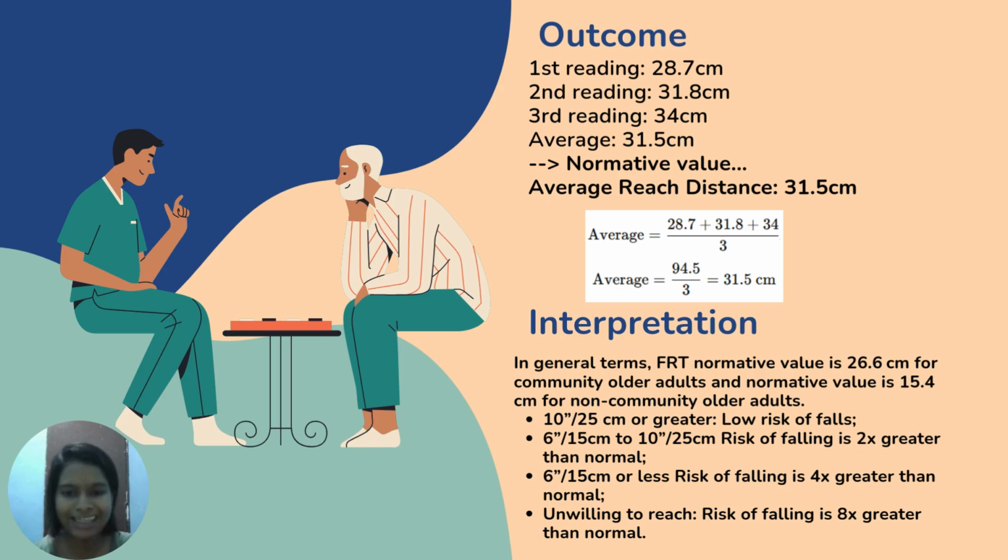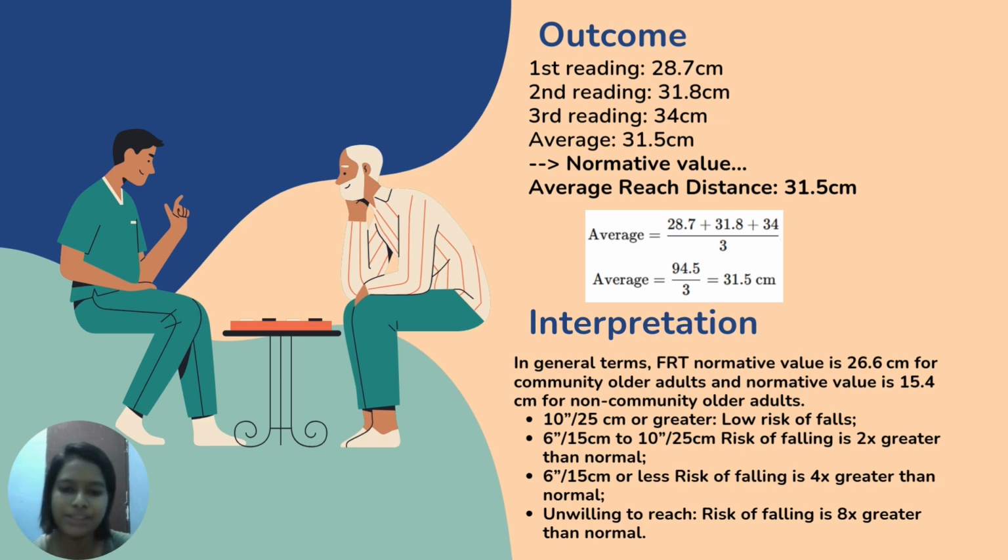Based on the general functional reach test guidelines, the normative value for community-dwelling older adults is around 26.6 centimeters, and for non-community older adults is 15.4 centimeters. A reach distance of 10 inches or 25 centimeters or more indicates a low risk of falls.